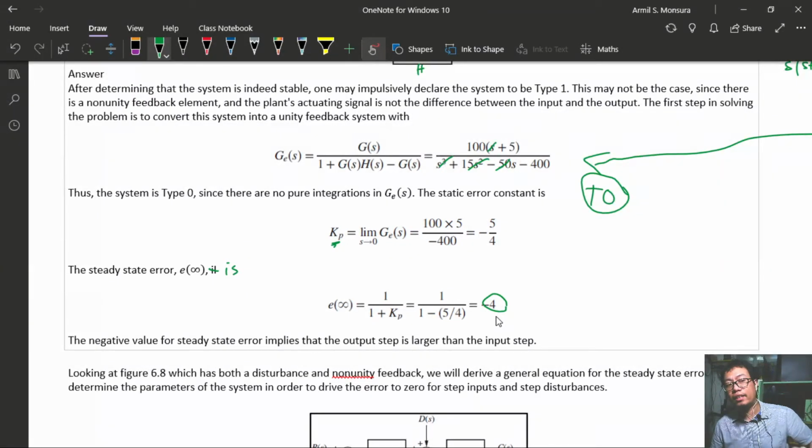Yung error na negative means this adds up dun sa input ninyo. And therefore the final value of your output is then the absolute value of the input plus the absolute value of this. So, the negative value for the steady state error implies that the output step is larger than the input step.